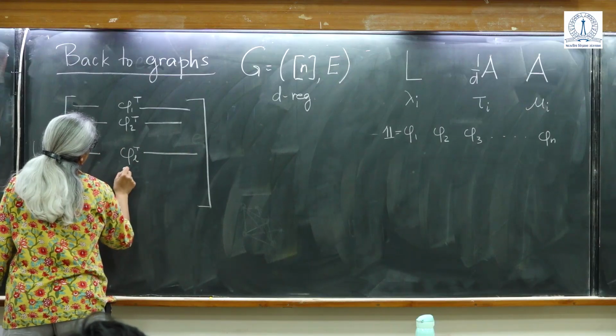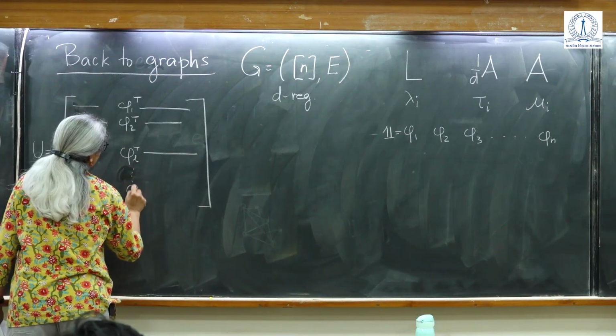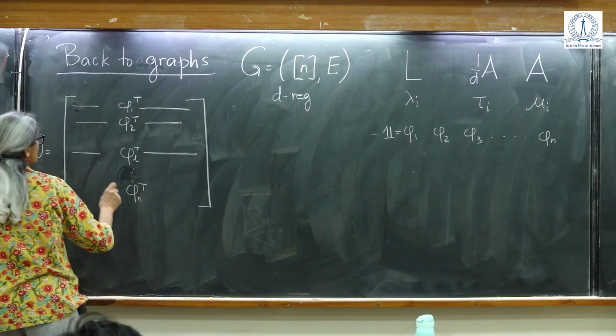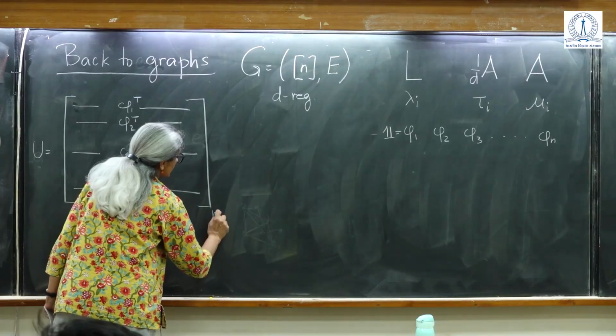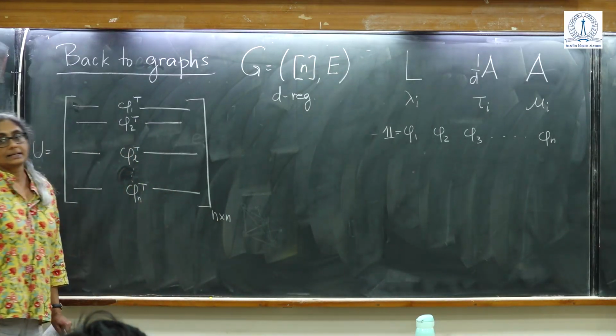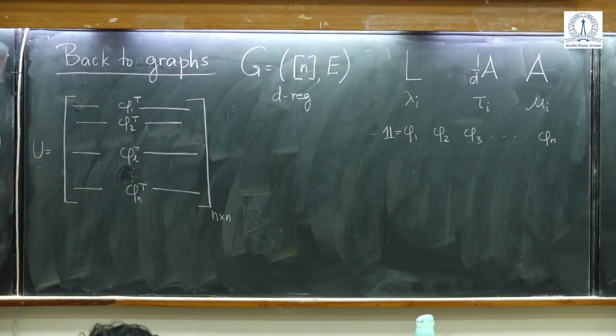And then after that, I have the rest, all the way to phi n transpose. So I'm putting all the eigenvectors in the rows of a matrix. This is some n by n matrix that is definitely full rank, because these are independent vectors. So this is a full rank matrix that I can invert if I want, but we won't.